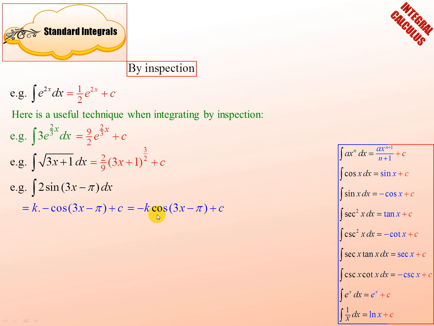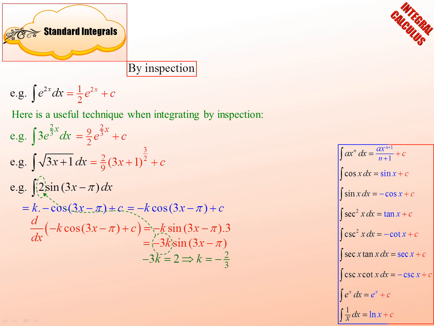Next step, differentiate and compare my result to what we're integrating. There we are. That should be exactly the same as that, which gives us that 3k is equal to minus 2. K is minus 2/3. Minus 2/3 instead of the k there or there, and there is our integral.